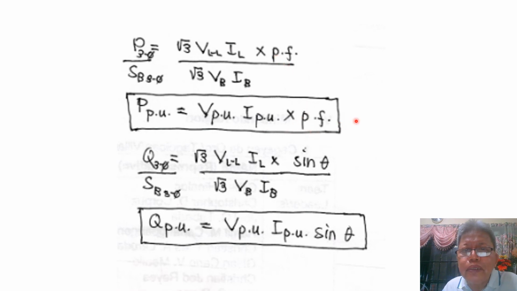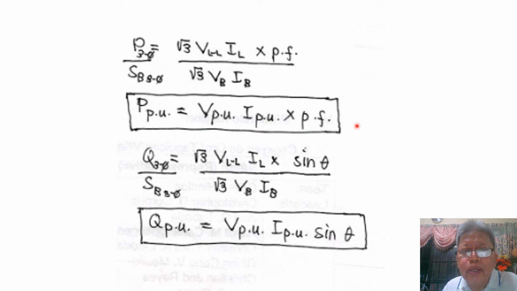Now take note that this is for three-phase, and you notice that this is the same as the formula for power per unit in the single phase. So whether we have single-phase power or three-phase power, the per unit value has the same formula.